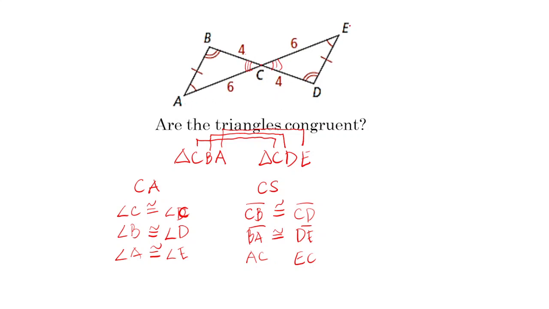Side EC is 6 units also. So we have congruent sides. So since all the corresponding angles and all the corresponding sides are congruent, therefore, we can conclude that triangle CBA is congruent to triangle CDE.